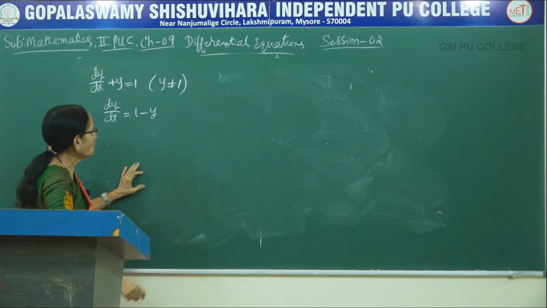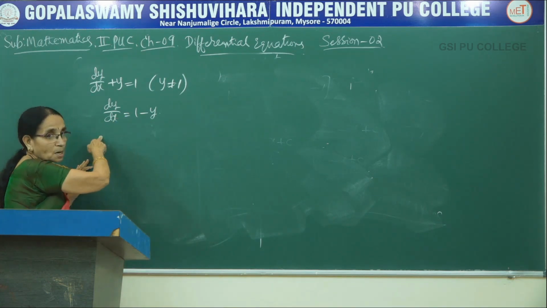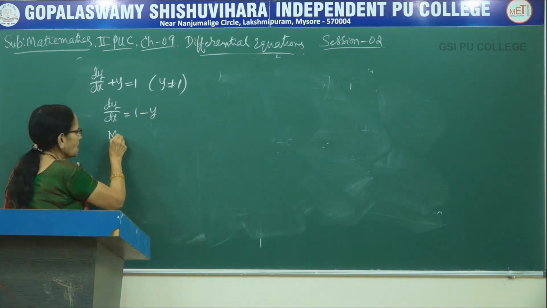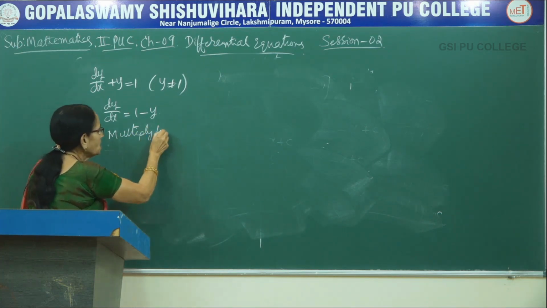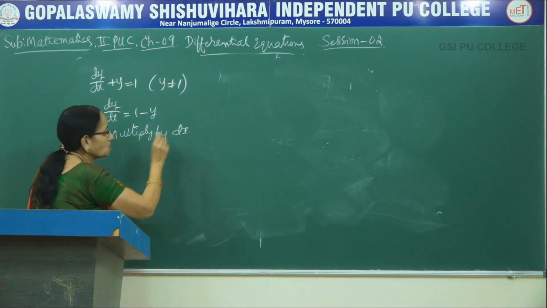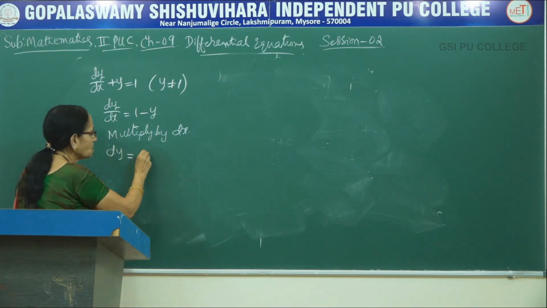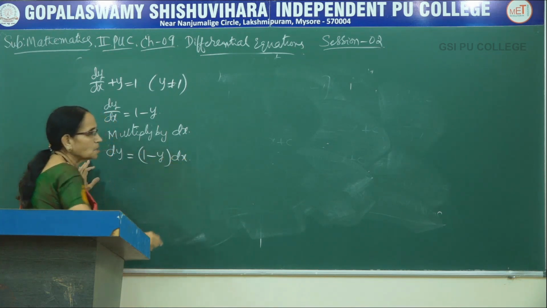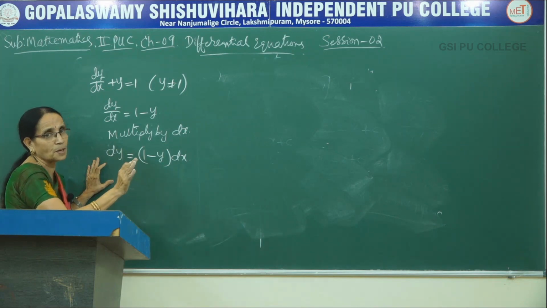Okay. Now you have to divide both the sides so that it comes to this side and multiply so that dx goes to the right hand side. So as usual, multiply by dx, first step. Then when you multiply both the sides, it is dy equal to 1 minus y into dx. So dy and dx are separated.